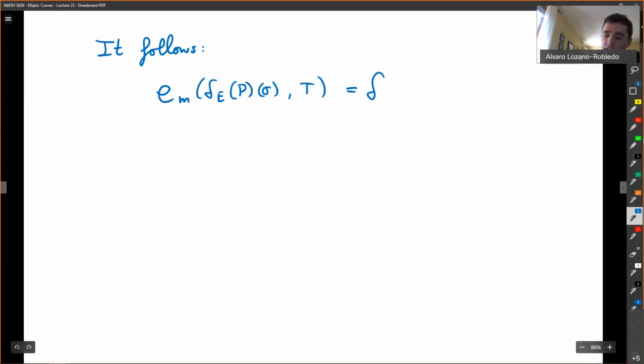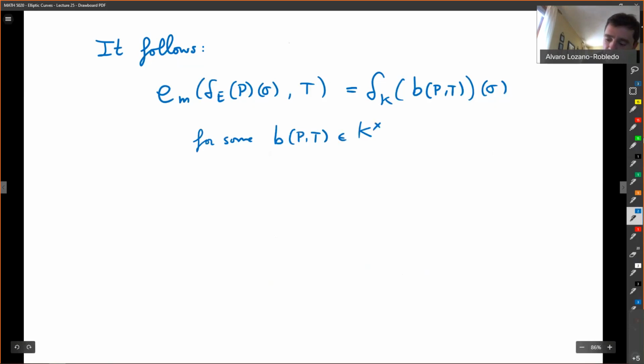So it has to be delta_K of some B, okay? And I'm going to call that B_P,T acting on sigma, for some B_P,T in K cross modulo K cross to the mth powers, okay?